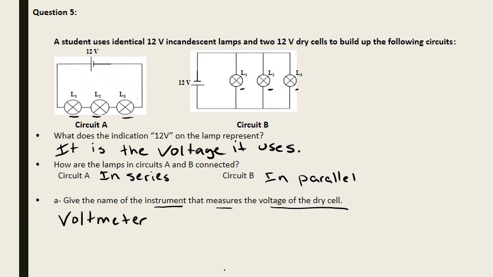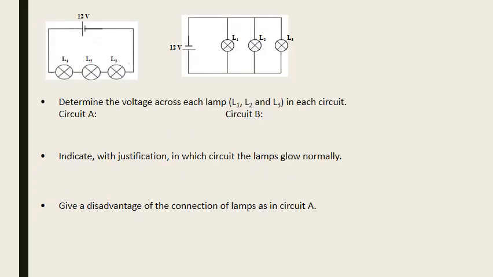We use a voltmeter to measure the voltage. Determine the voltage across each lamp L1, L2 and L3 in each of the circuits. Okay, so we know that the battery is 12 volts and we know that these are identical. So U equals U1 plus U2 plus U3.